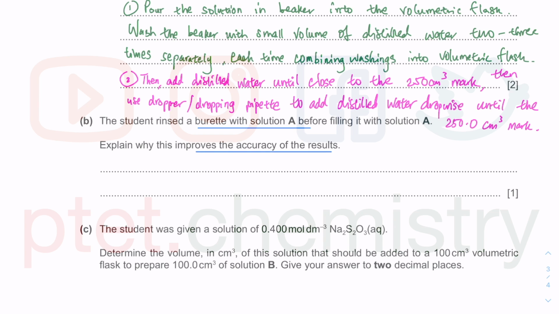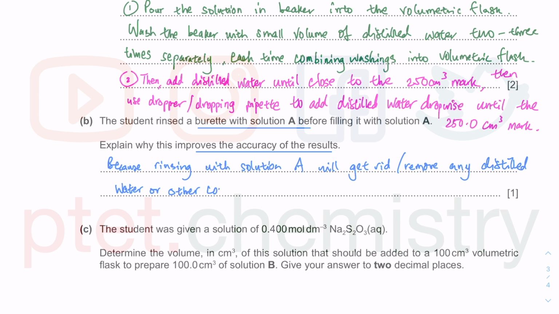Why does this improve the accuracy of the results? Because rinsing with solution A will get rid or will remove any distilled water or other contaminants that can dilute the concentration of A. Therefore, changes volume of titre.